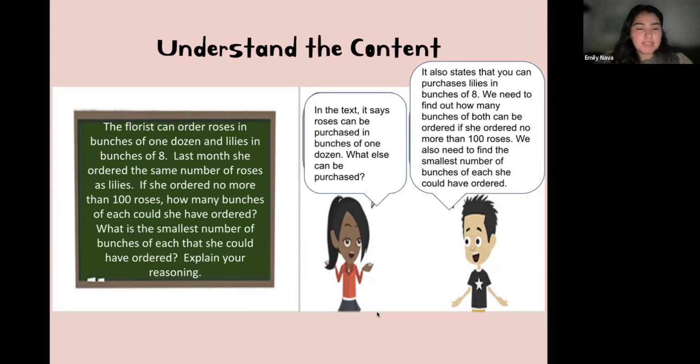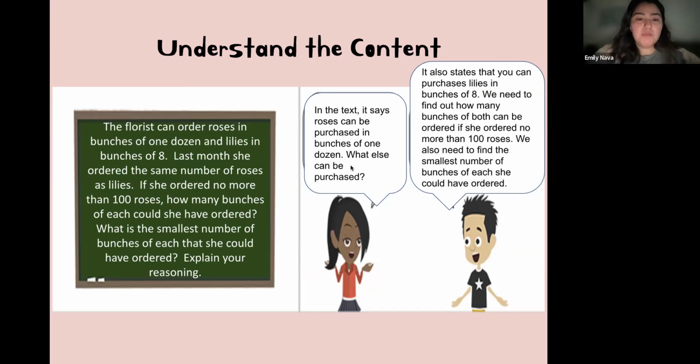The problem tells the student that the florist is ordering the roses in bunches of dozens and lilies in bunches of 8. But some students might not understand what bunches are, or they might not understand what a dozen is. In the little text bubbles, it says roses can be purchased in dozens, but what else can be purchased? And the other student asks that they don't know what dozen means either, but maybe it equals a specific number. So that's a conversation that they're having.